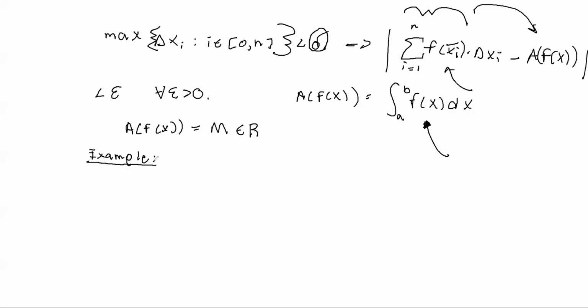So prove the integral from a to b of f of x dx equals c times b minus a if f of x equals c.